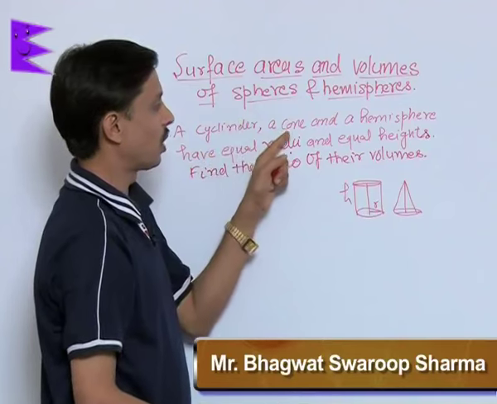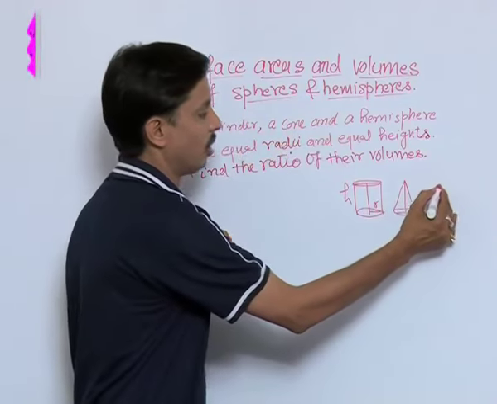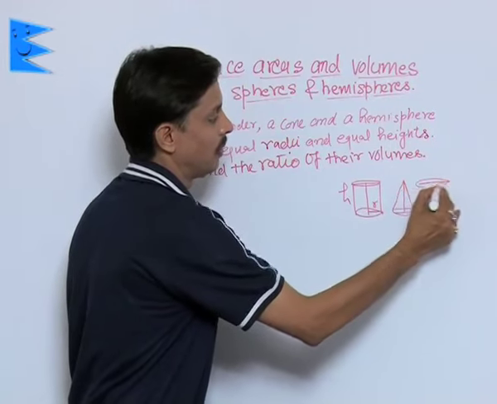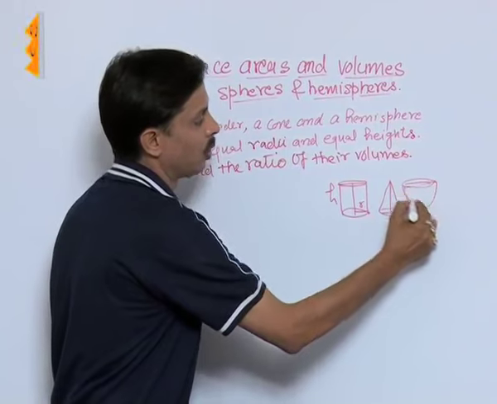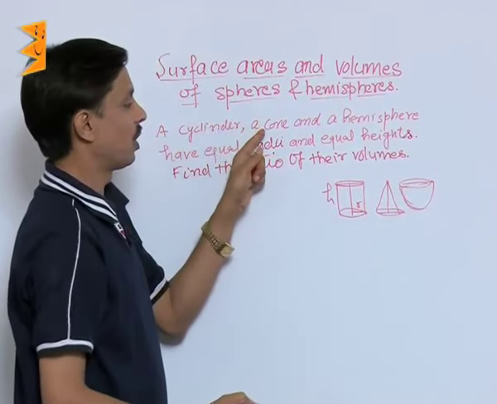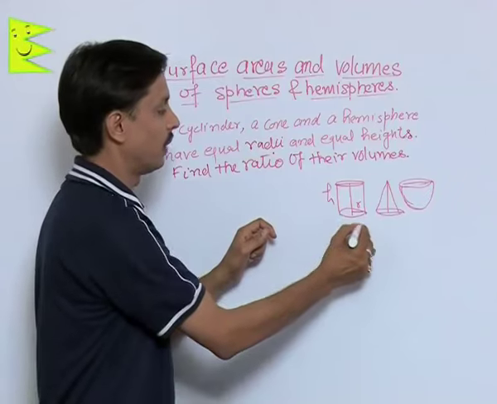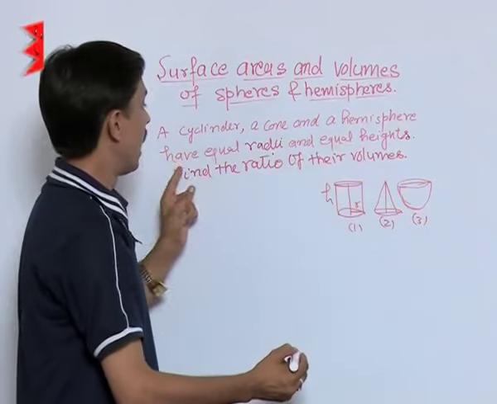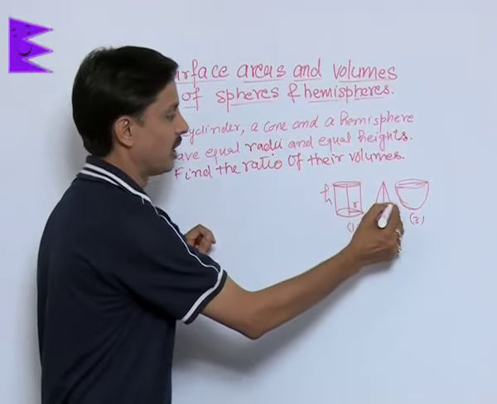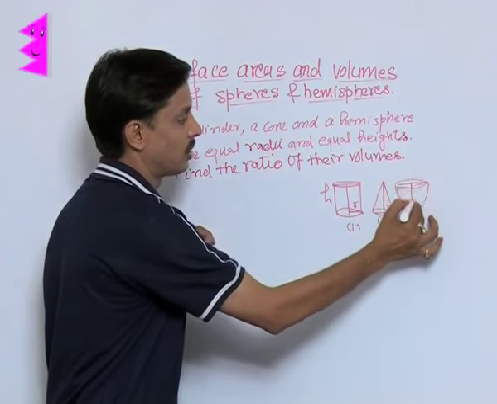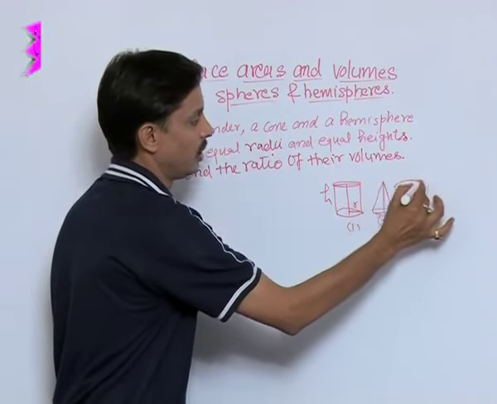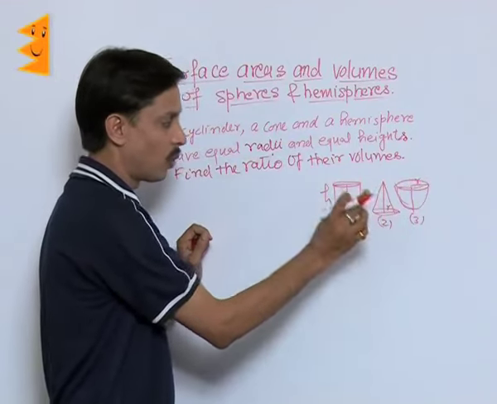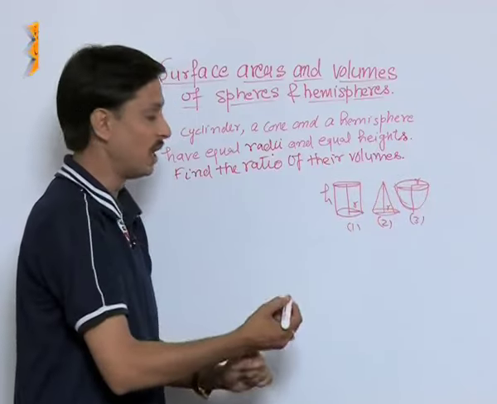A cylinder, a cone, a hemisphere have equal radii, that is the radius of each object is the same. So whatever the radius of the cylinder is, it is the same as that of the cone and the hemisphere.